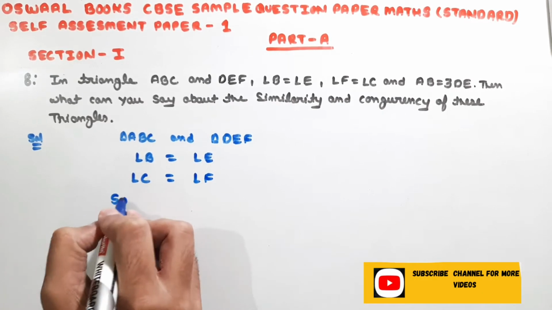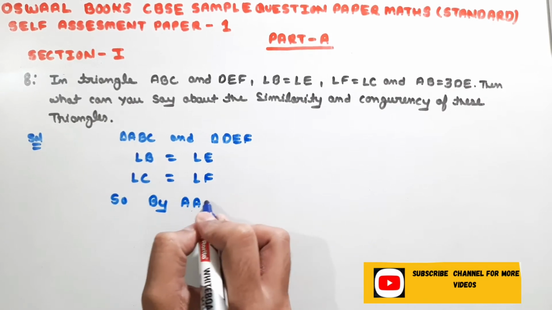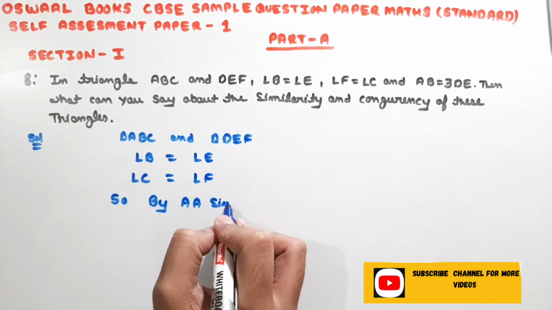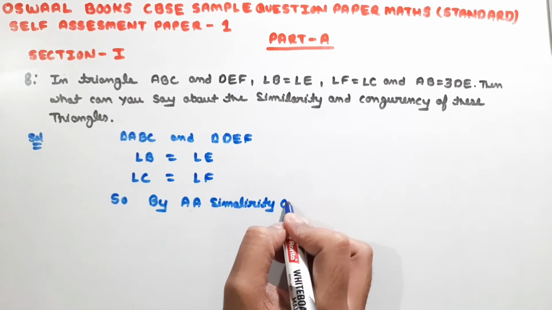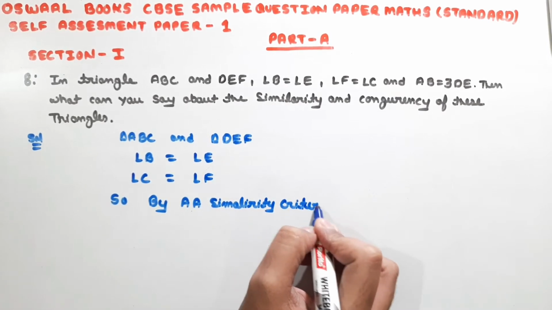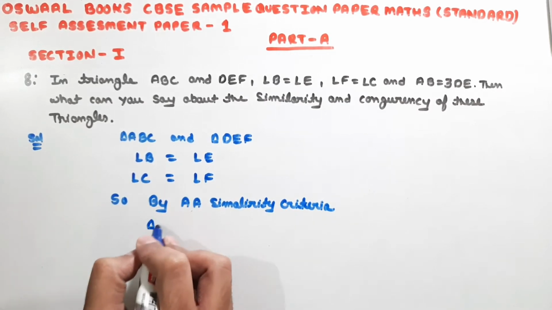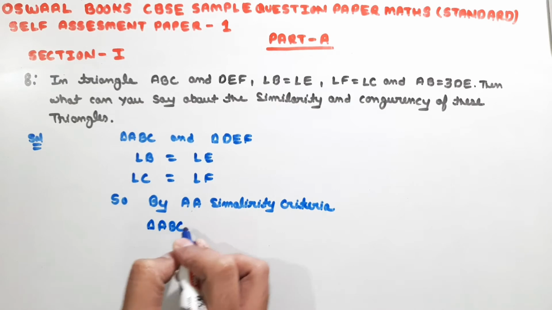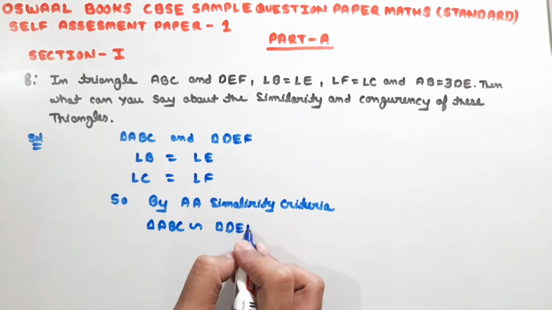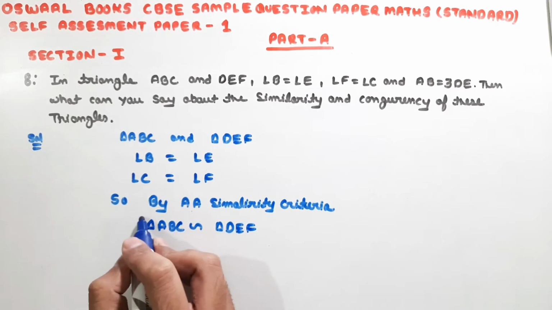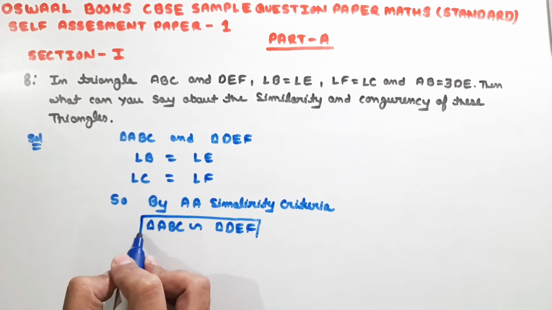So by the angle similarity criteria, triangle ABC will be similar to triangle DEF, since two angles are equal.